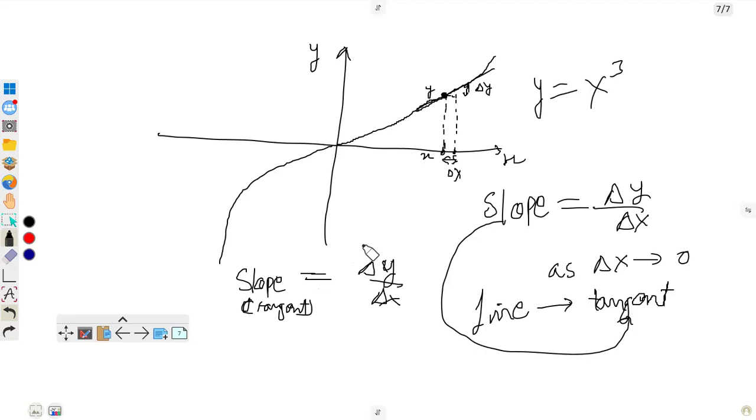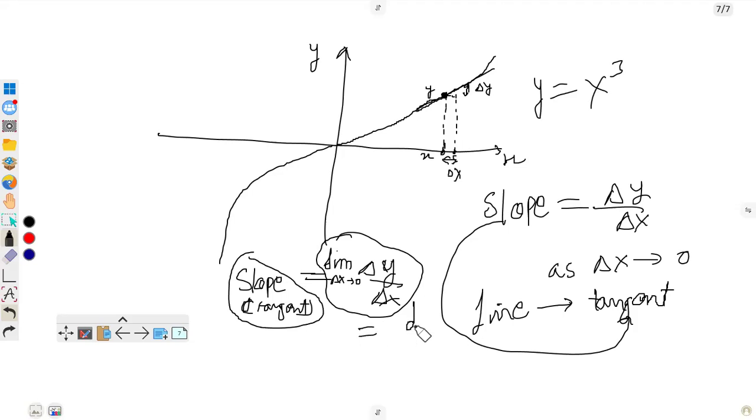And when I say we're following a limiting process, we say that the limit of delta x tending to 0. This means that we're actually following a limiting process. So this will essentially give us the exact slope of the line that is tangent to this curve. And we denote this by dy by dx.